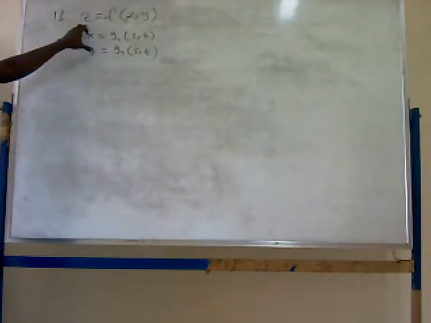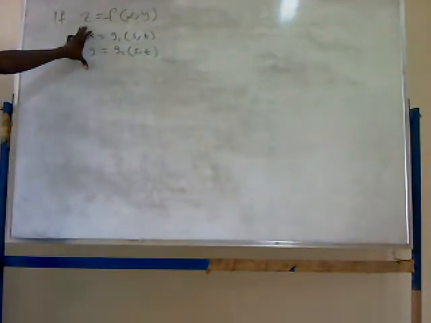Then z will become a function of two variables, s and t.